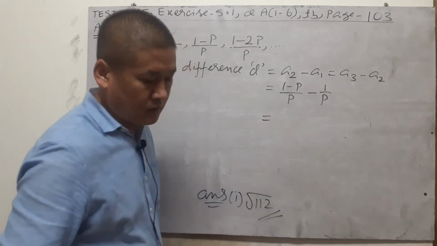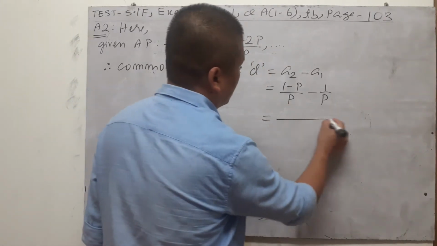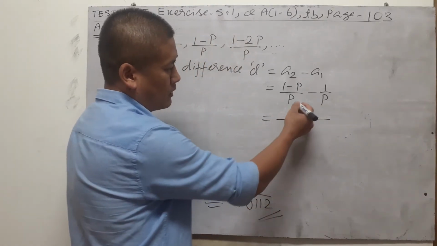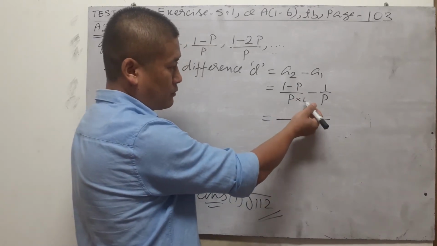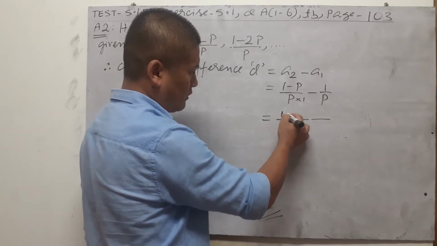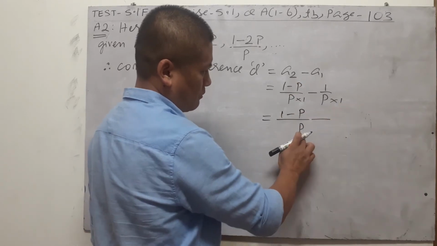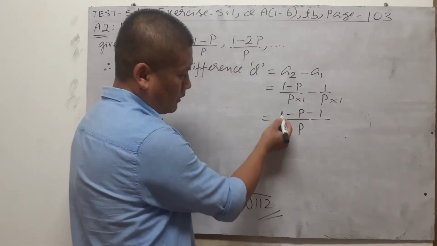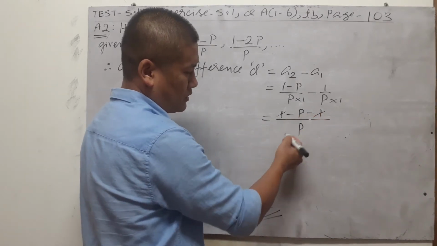So here we can take the LCM of the denominators, which is P, and P ones are P. No need to write this, just writing for explanation. So 1 into 1 is 1, minus 1 into P is P, and again P into 1 is P. The 1s are 1, and here there is a minus, so no sign in front of this 1 means plus 1, and minus 1 means 0.